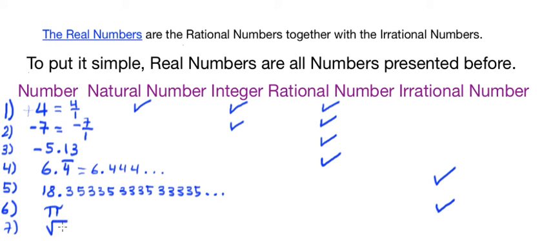The square root of 6. The square root of 6 is not exact, right? Remember we mentioned that square roots, and in general radicals that are not exact, are irrational numbers. Square root of 2, square root of 3, square root of 5, square root of 6 is not exact, so it must be an irrational number.